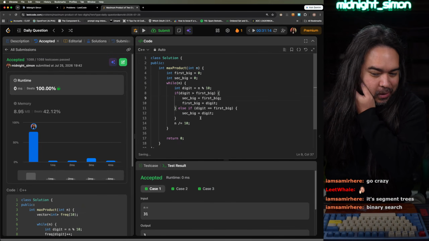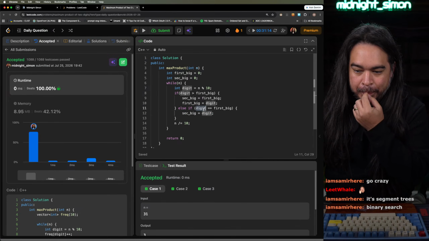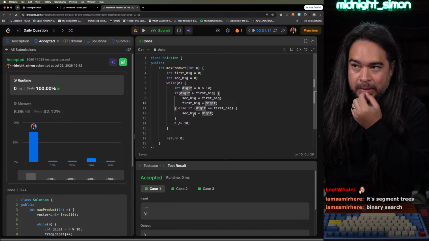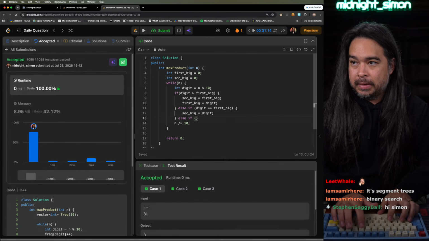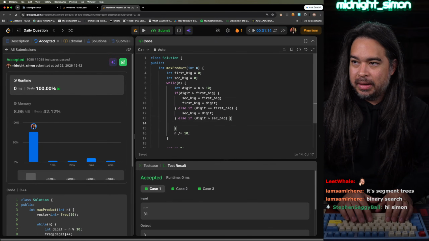If it's equal to the first biggest, then the second biggest becomes the digit. And then if it's bigger than the second digit, or the second biggest, then also second big is the digit.